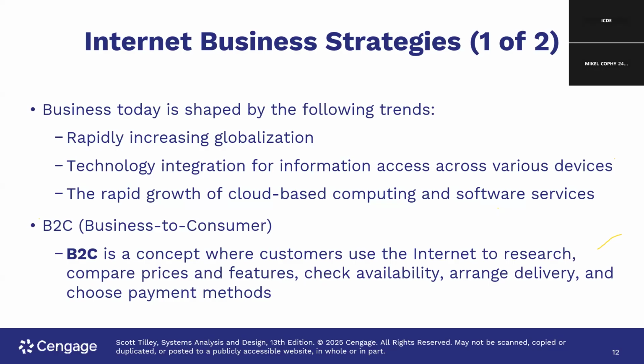So when it comes to business, basically it is a concept where customers use the internet to research, compare prices and features, check availability, arrange delivery, and choose payment methods. And like I already said, in Ghana all those things are already here. We have e-commerce platforms. I'm sure most of us use Jumia, Tonaton, and the rest.